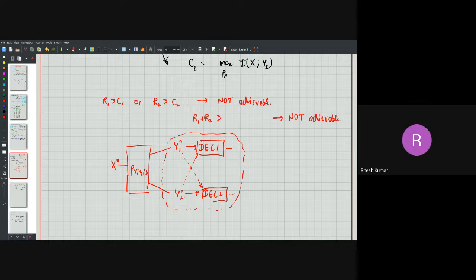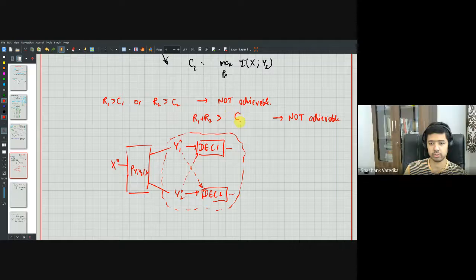So if the mutual information between y1, y2 and x is greater than C12, which I define as the maximum over all possible Px of the mutual information between x and y1, y2, then certainly that rate is not achievable.